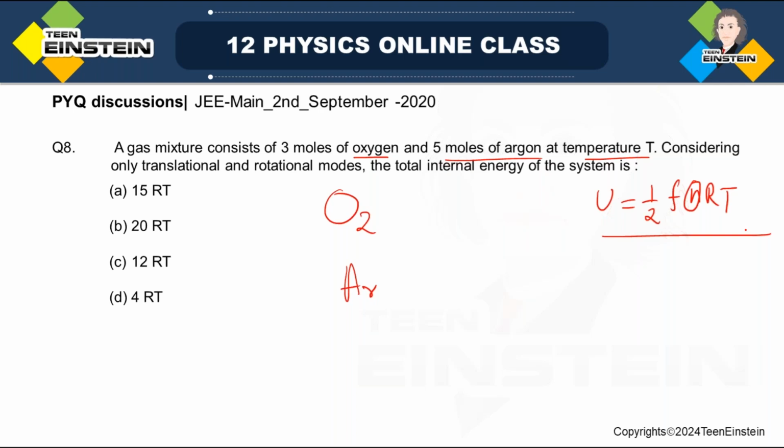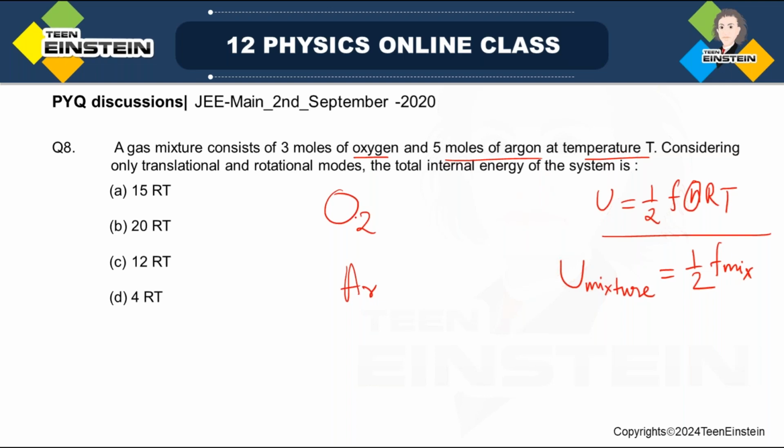Each degree of freedom takes half RT. So F degrees of freedom will take half F RT for 1 mole, and if it is N moles, then half F nRT. So we first have to find out this F. For a mixture, you have to find the total number of moles and the degrees of freedom for the mixed system.